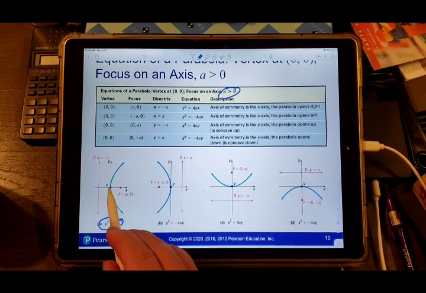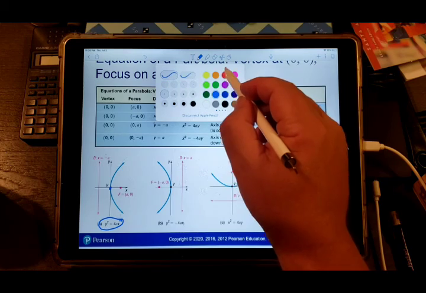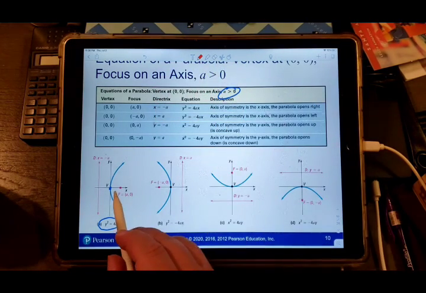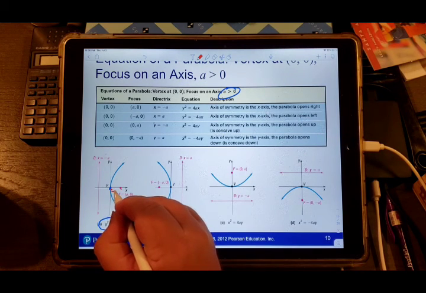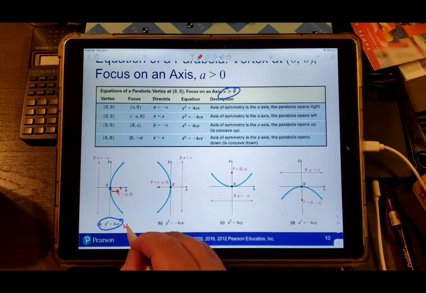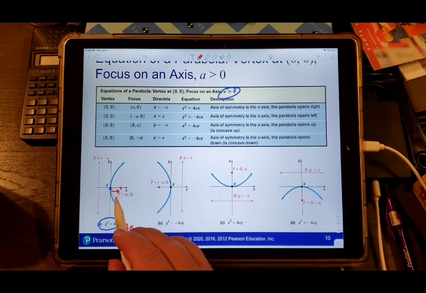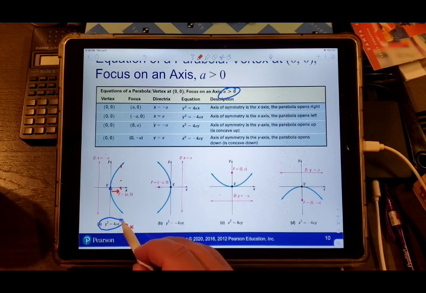So you start at the origin, the vertex at the origin, and the focus is, correctly, A in this direction. So here's my A when I see something like 4 y squared equals, let's do 8x. A would be 2. Go up 4 this way, and I draw my parabola.